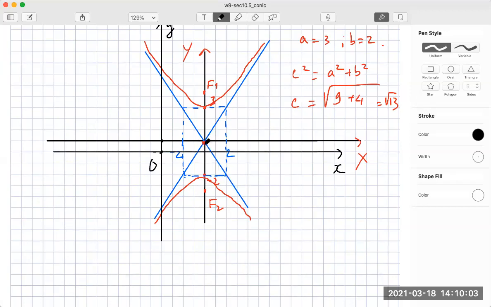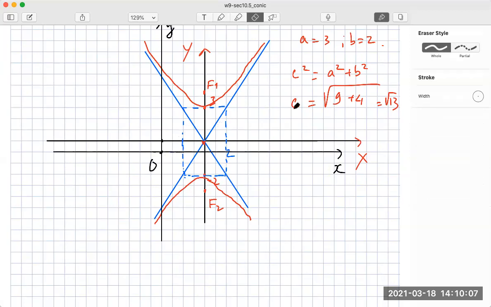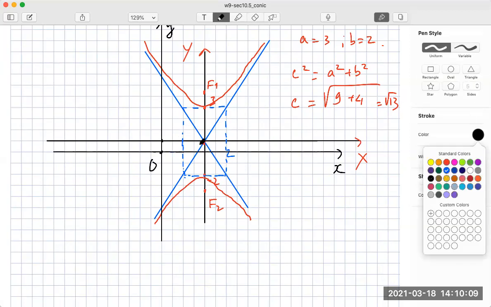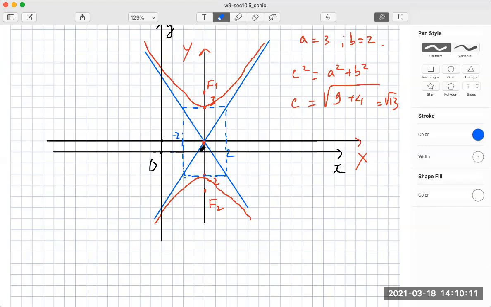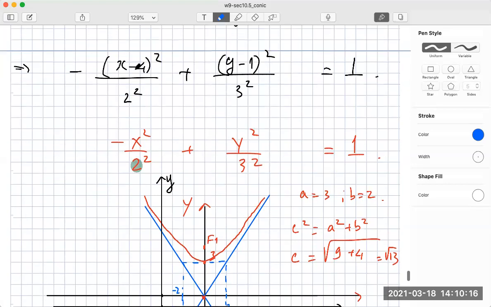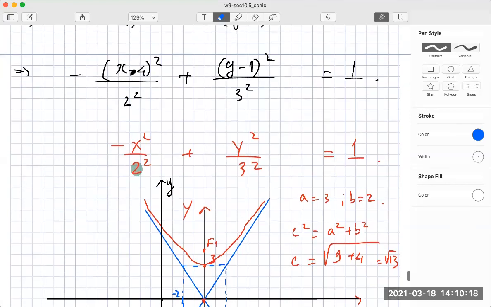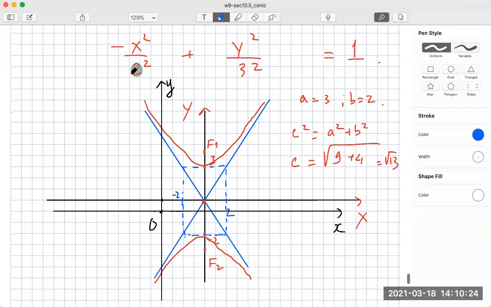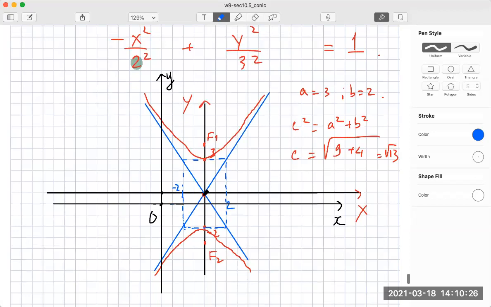And here, do you see it? So it means that at x equal to 4, this one will cancel, right? It is shifted to the right. We do backward.